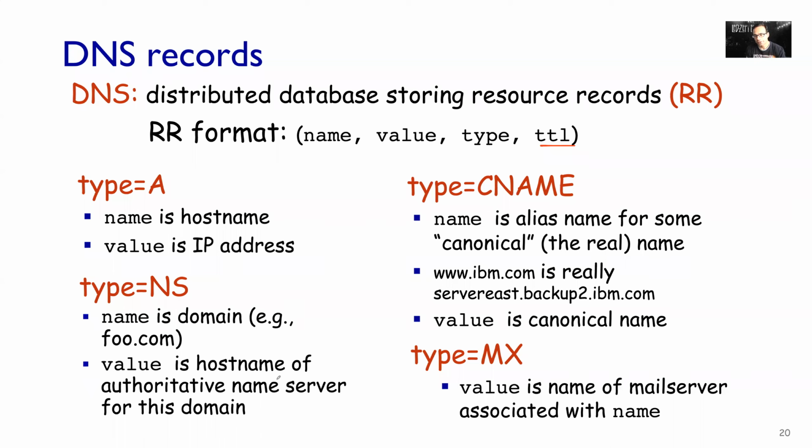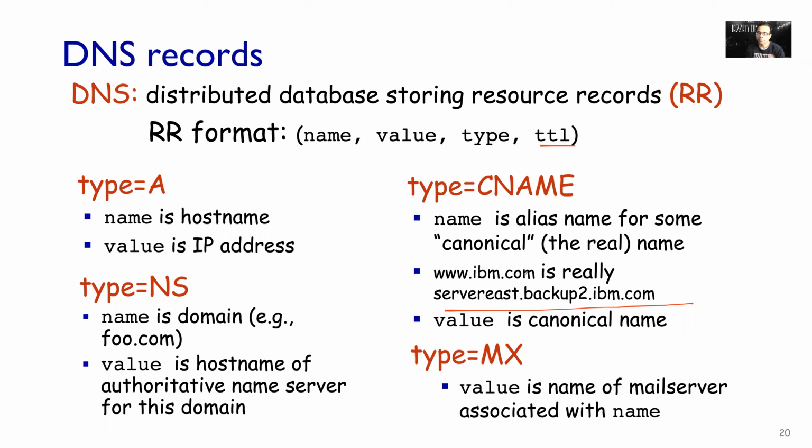CNAME is interesting. This is what's referred to as a canonical name. Normally you might be requesting, say, ibm.com. But if you look at the actual name of the server that's hosting the IBM website, it's not going to be named ibm.com. It might have some weird name like that, and this depends on how the web servers are set up within an organization.